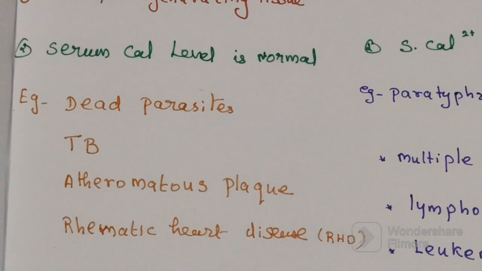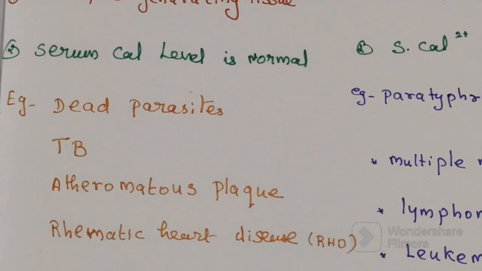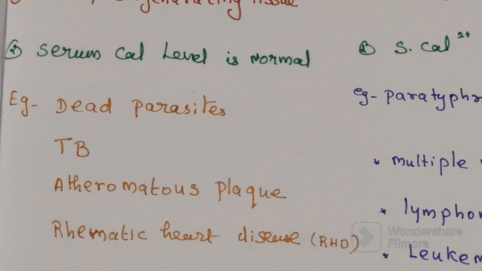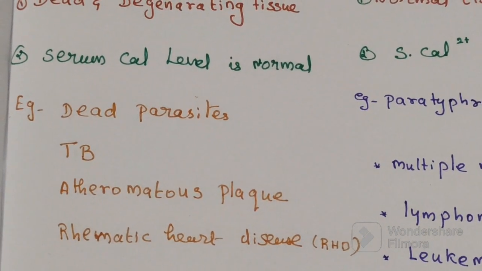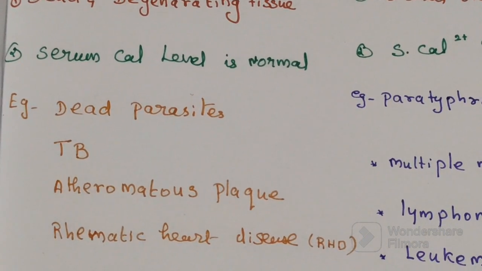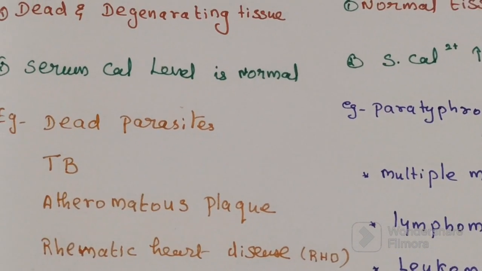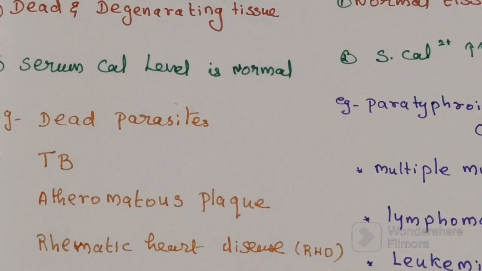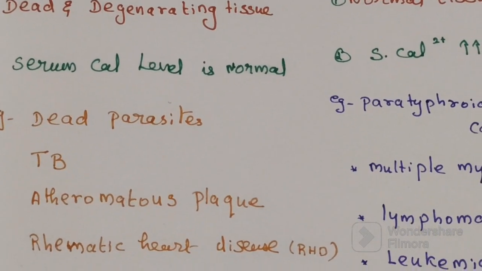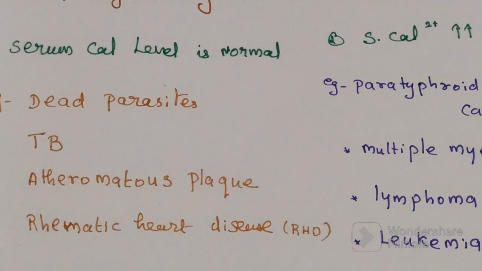First one is dystrophic calcification. First example, dead parasite, again dead tissue. It can be seen in tuberculosis. Then it is seen in atheromatous plaque, then rheumatic heart disease.